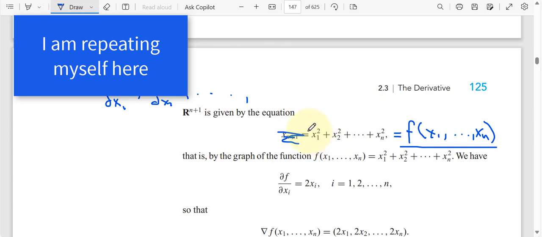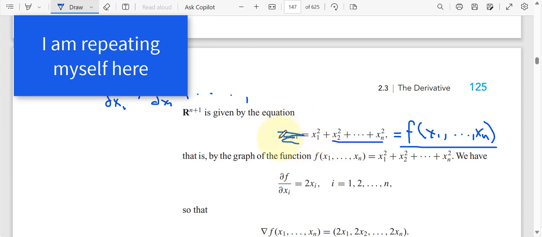What we really need to do is take the partial derivative of this thing with respect to x1, with respect to x2, and so on with respect to x3, and all the way up to xn. Well, that's pretty easy because when you take the partial derivative of this whole thing with respect to x1, all this stuff is just treated like a constant, so that's just 0, and you just get 2x1.